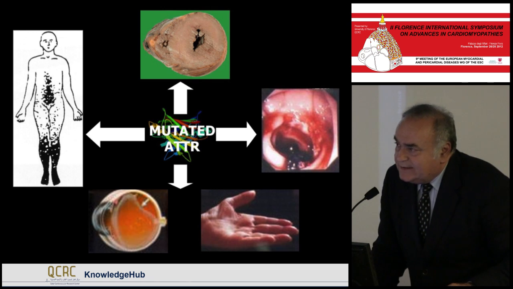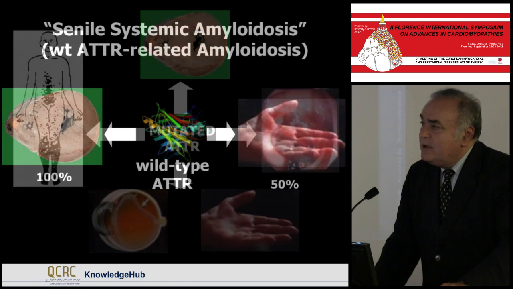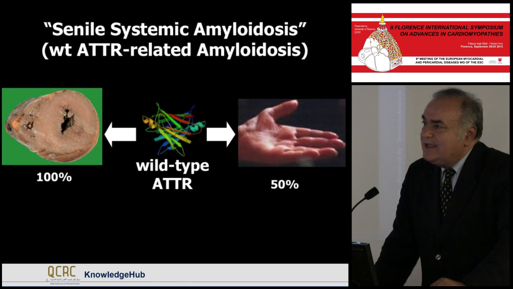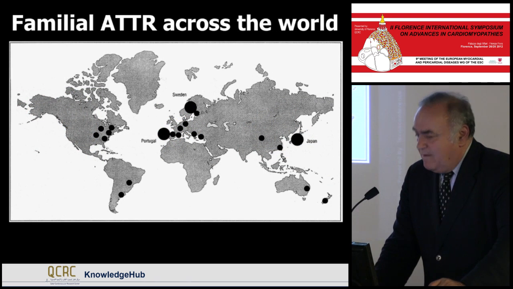the mutated Transthyretin-related amyloidosis and the wild type or senile. These are absolutely underdiagnosed and poorly known. Mutated Transthyretin is a familial entity with a worldwide diffusion. It's difficult to study.